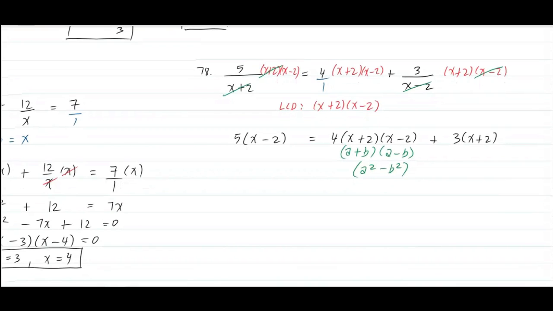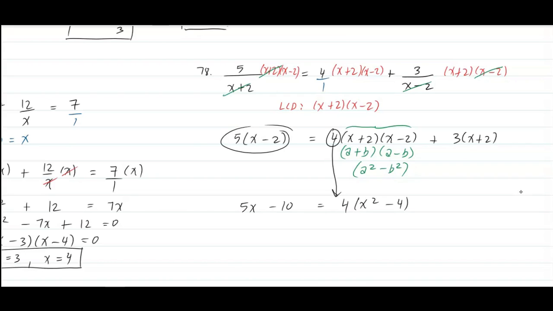So I'm going to use that logic and say, well, then x plus 2 times x minus 2 must equal x squared minus 4. But remember, it's still being multiplied to a 4 here, so I'm going to write the 4 here, okay? On this part of the equation, that just becomes 5x minus 10. And on this part of the equation, that just becomes 3x plus 6.